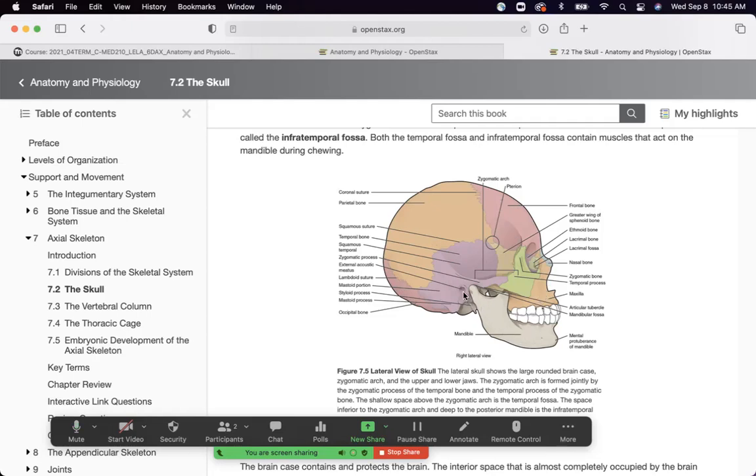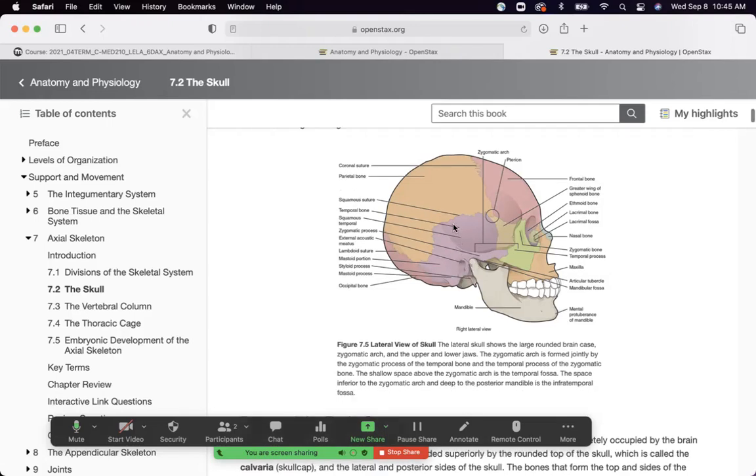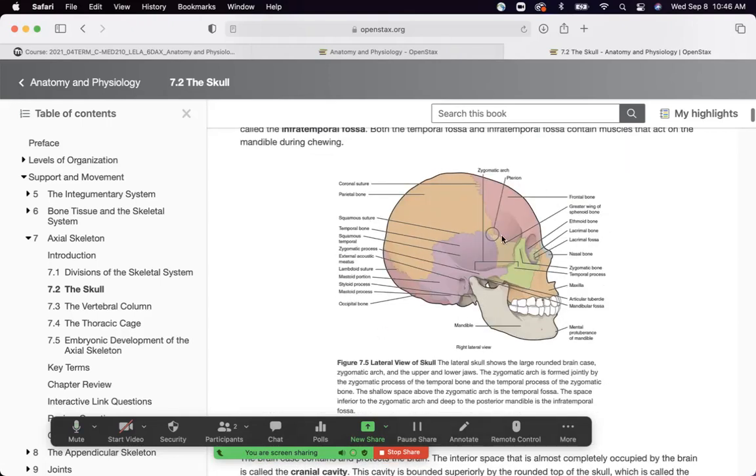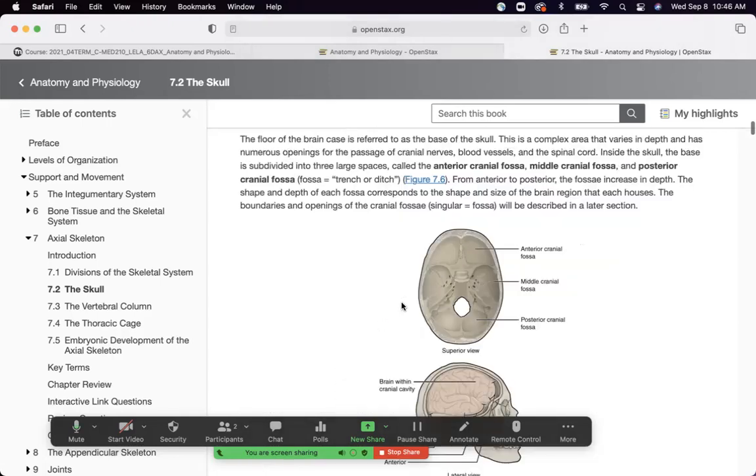And here's your external acoustic meatus, that will lead down into your internal auditory canal that's going to your eardrum. Okay, so that's the worst I could ask you on this lateral view of the skull.